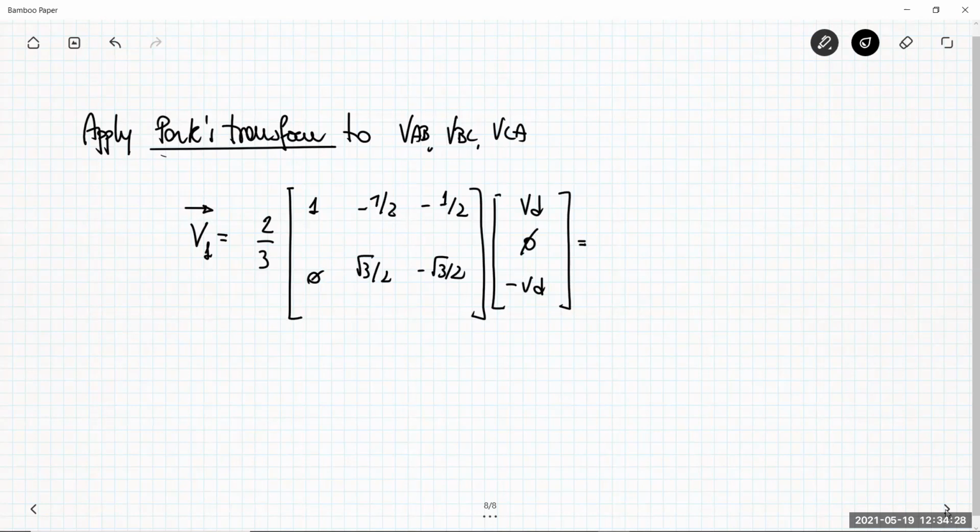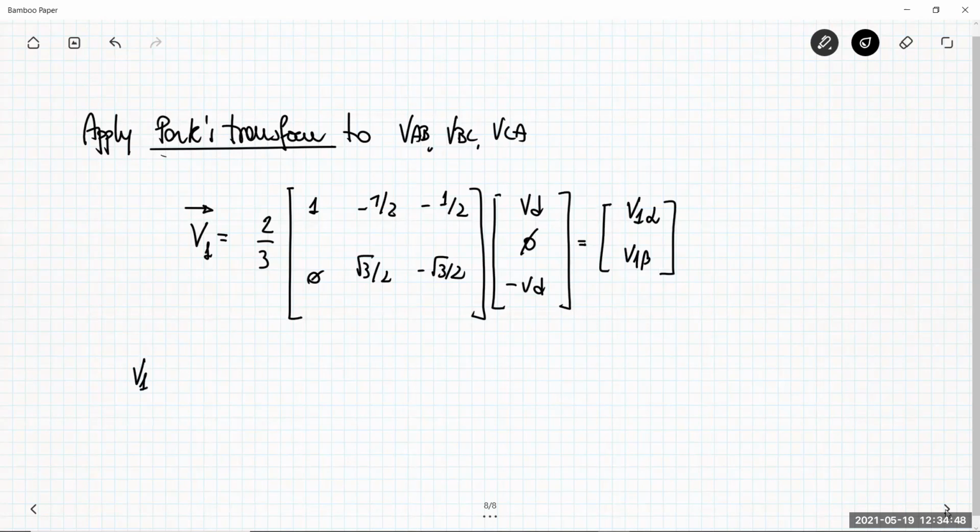In that way, I can find out the real and the imaginary part of the space vector V1 corresponding to this specific combination of the switching function. So this is V1 alpha and V1 beta.